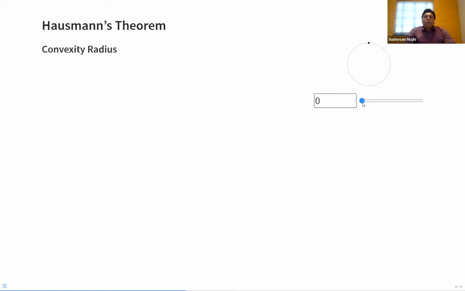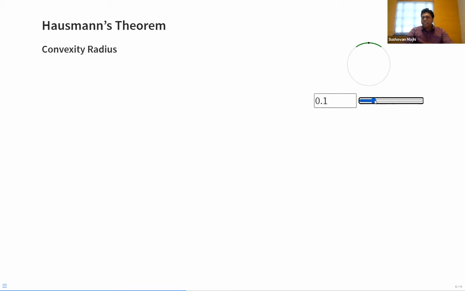And if you keep growing a metric ball of certain radius, let's say my radius is 0.1, right? If your radius is very small, the metric balls are geodesically convex. By geodesically convex, I mean if you take any 2 points from the metric ball, there's a unique shortest path going through the space. And it happens as long as you have a very small radius for any point you choose on a manifold.